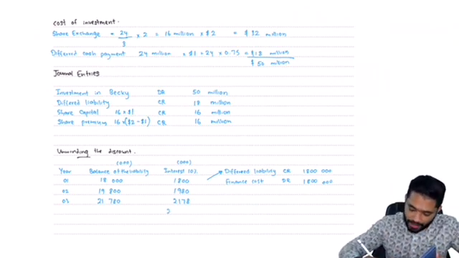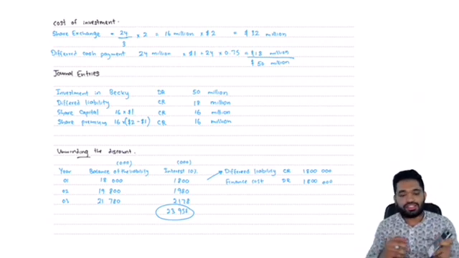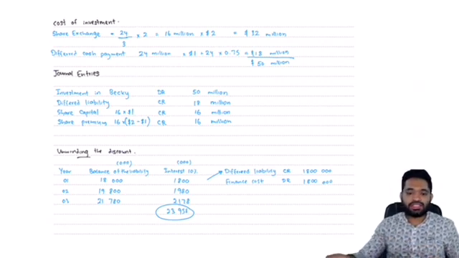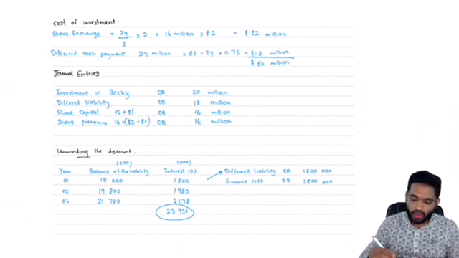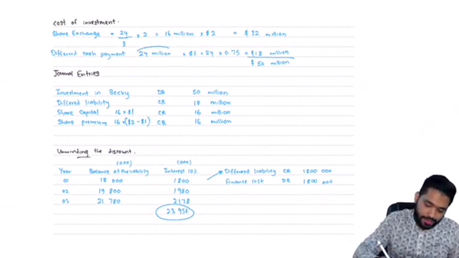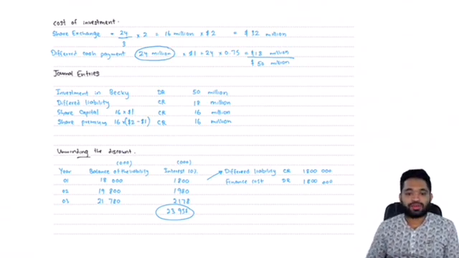23,958. Now because of rounding errors, you'll be seeing a difference of 2,000. Basically, once you keep charging the interest, this amount will equal the total amount that needed to be paid. We had to pay 24 million, so we are almost at that same value.